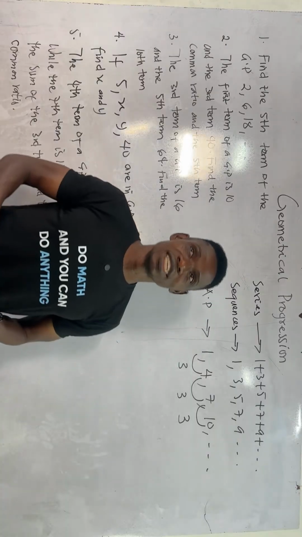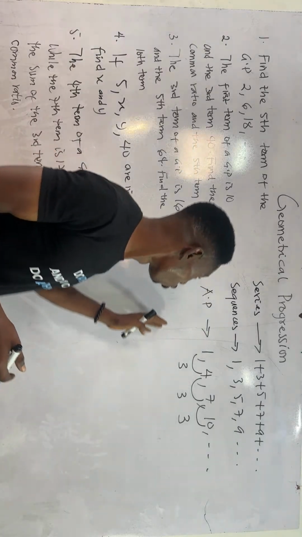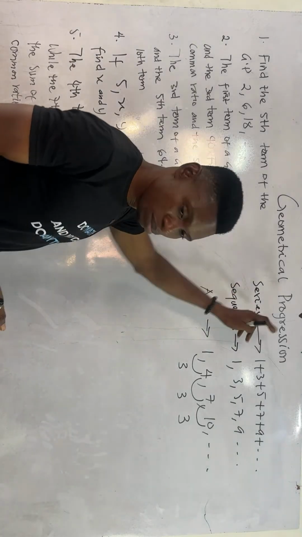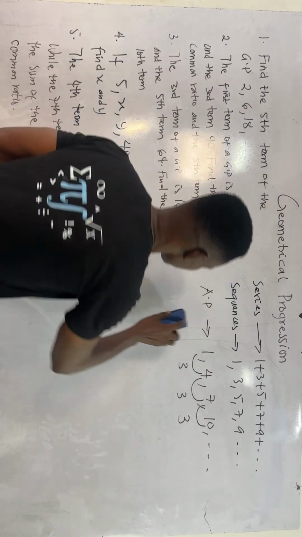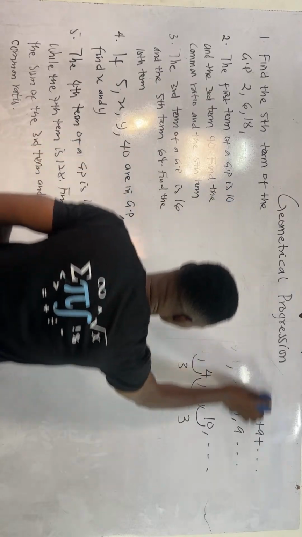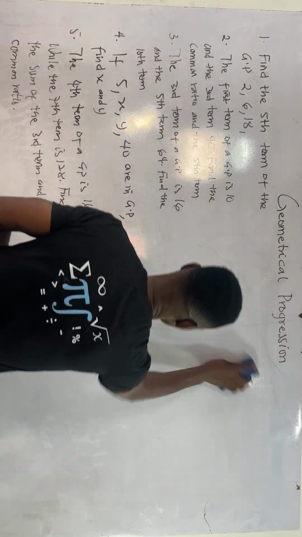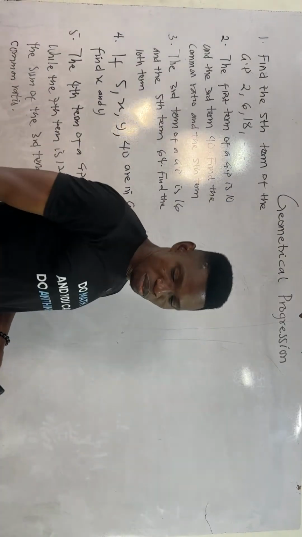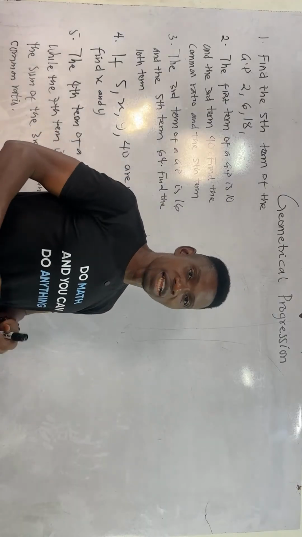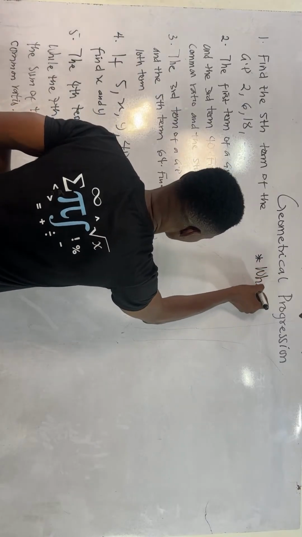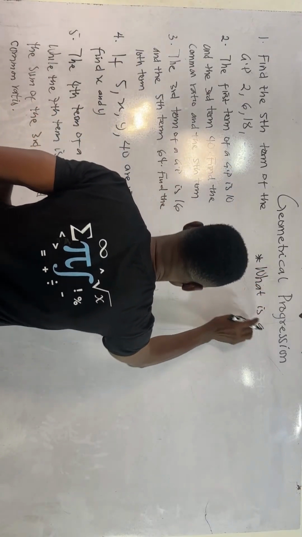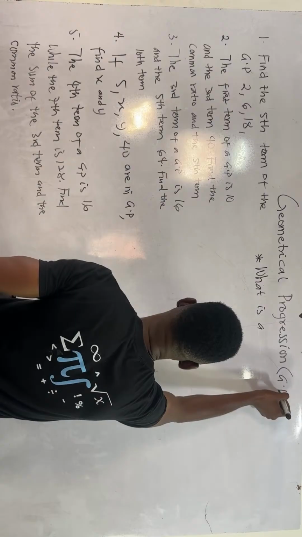So today we're looking at a different type of progression called geometrical progression. Our first question will be, what is a geometrical progression? For short, we're going to be calling it GP.